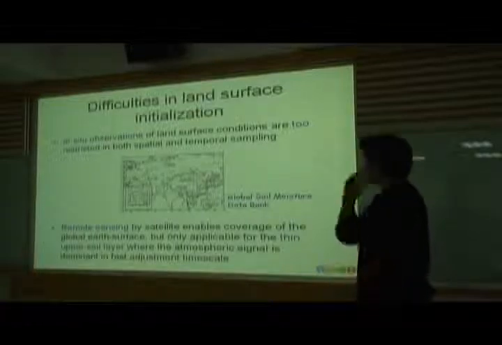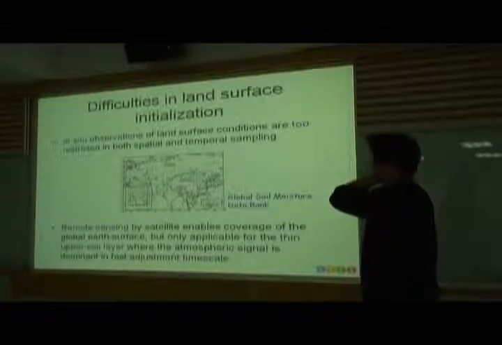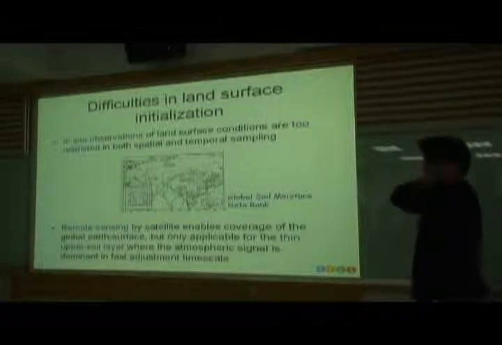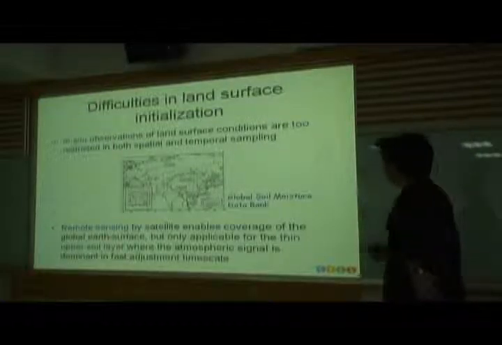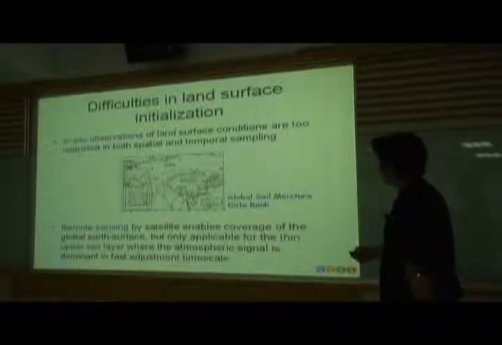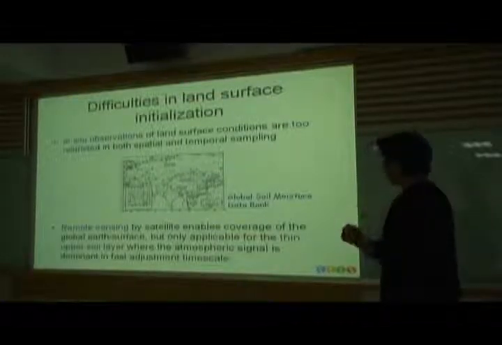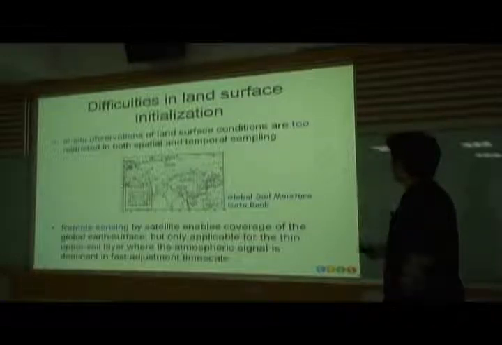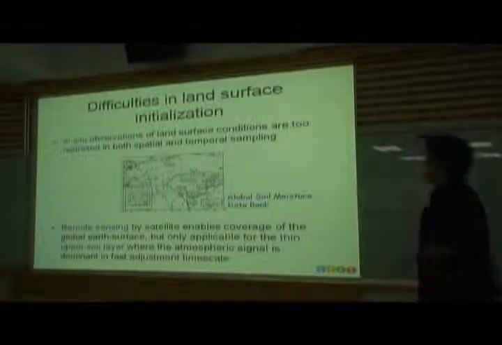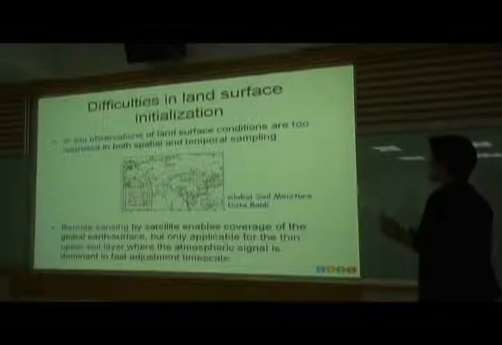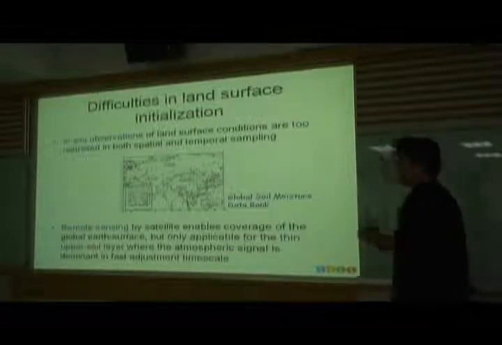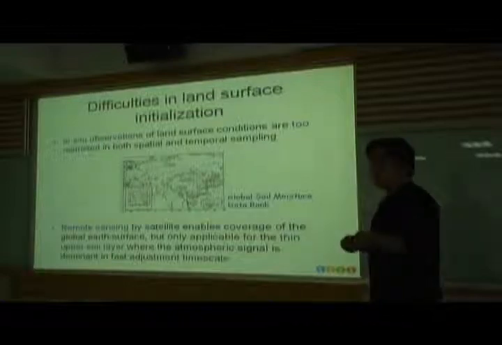But there is a big difficulty in land surface initialization. It's mostly due to the lack of observations at land points. This is a sample of the global soil moisture data bank. There are only a few stations in China and the old Soviet Union. Some station observations of soil moisture are available, but their spatial and temporal sampling is not sufficient to initialize the global model.